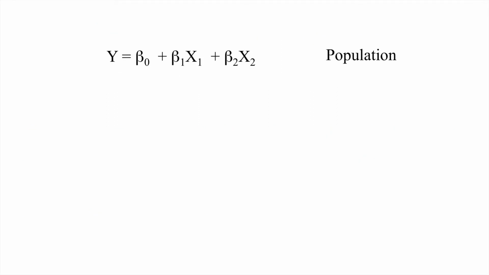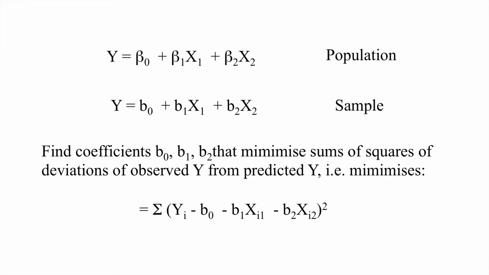So here's what goes on in a multiple regression. It's rather similar to what goes on in a linear regression, except in this stage what we do is we find a plane or a higher dimensional surface which minimizes the sums of squares of deviations of the observed y to the predicted y.